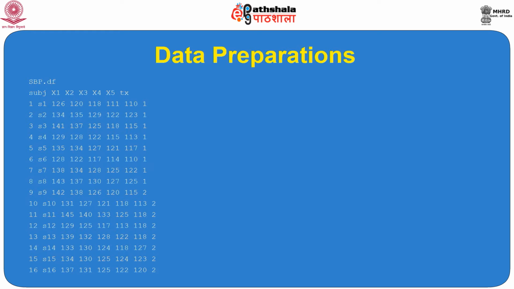The third column X2 shows the same individuals' repeated systolic blood pressure measures. X3 shows the third visit systolic blood pressure, X4 shows the fourth visit SBP measurement, and X5 gives the fifth visit SBP measurement.